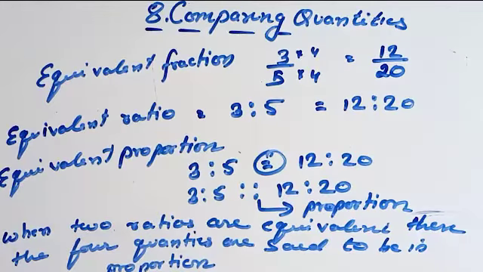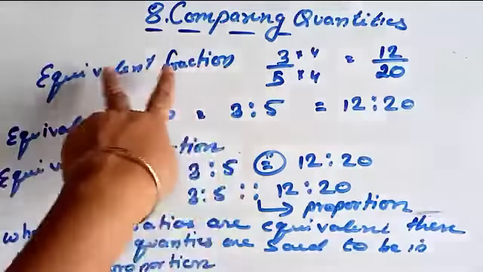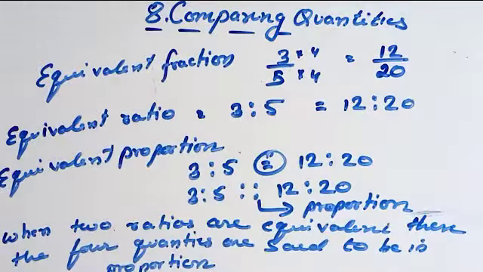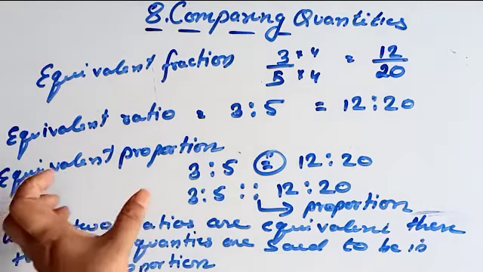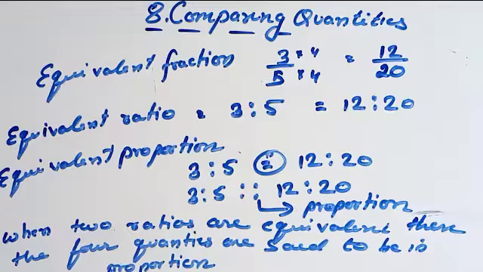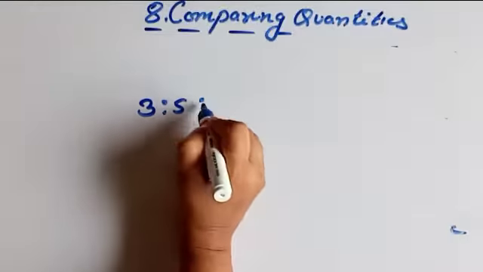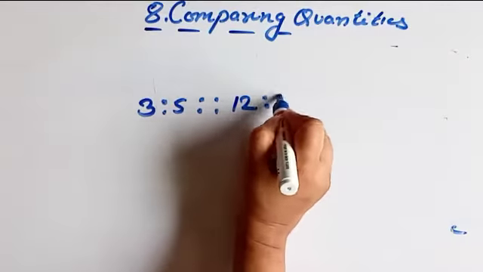Understand how you will define proportion? First, if two fractions are equal, then we can say that two ratios are equivalent to each other. If two ratios are equivalent to each other, then we can say that the four quantities are in proportion. 3:5 proportion to 12:20.